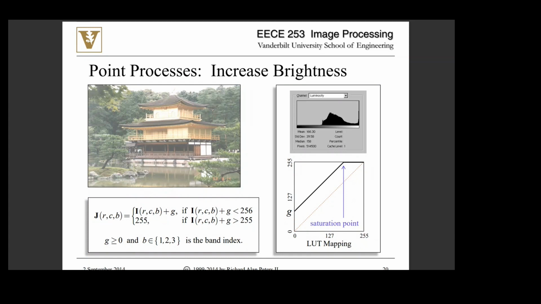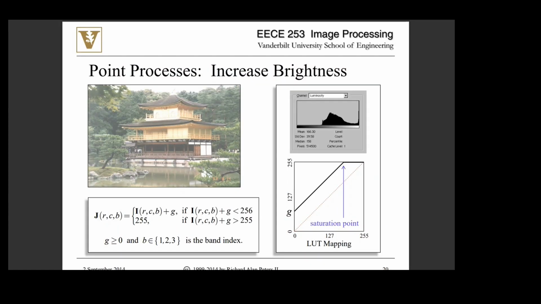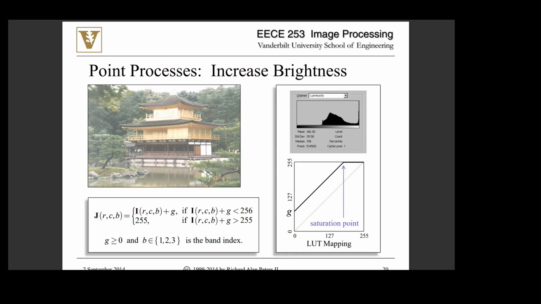So here in the histogram, you can see how the histogram looked before. This was the histogram of the luminance. We already know what the luminance is. You add a gray value to the luminance, then the luminance becomes saturated and brighter, because we have increased the brightness, we have increased the luminance.